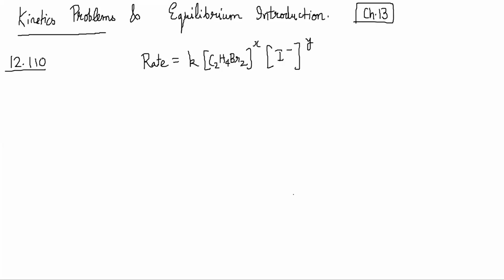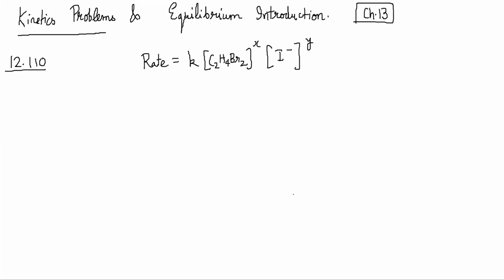See, he's keeping I minus constant between experiments 1 and 2, right? And he's increasing this by how many times? That is 0.343 versus 0.127. It is almost 3 times, but not exactly, something slightly weird.